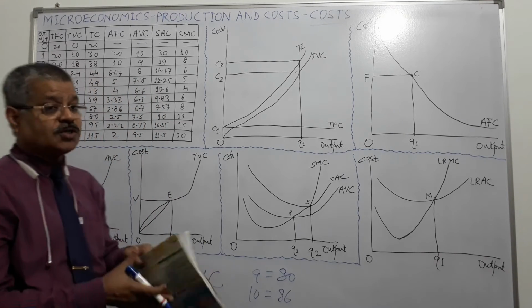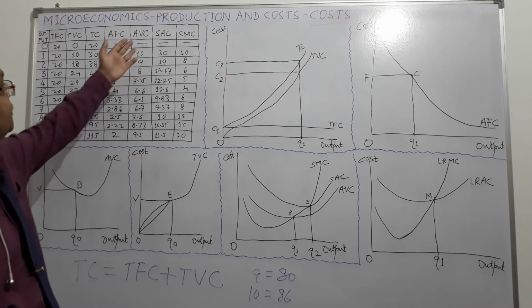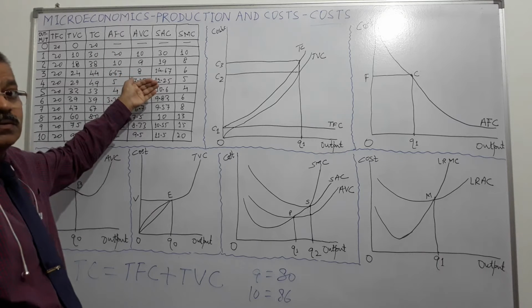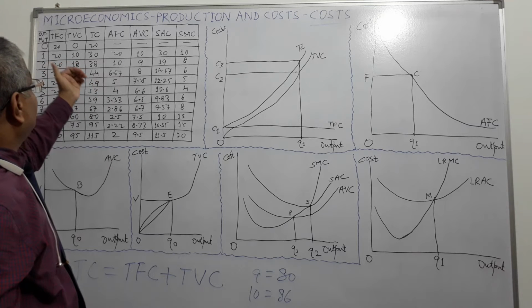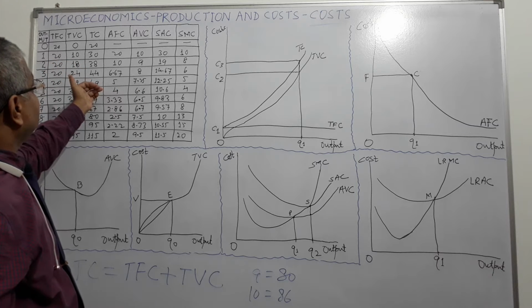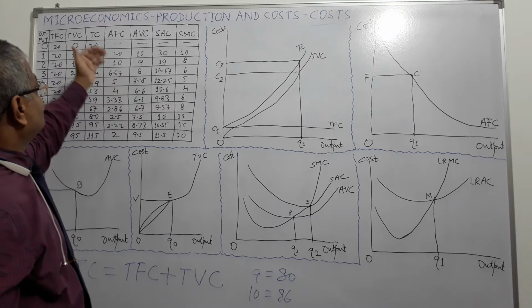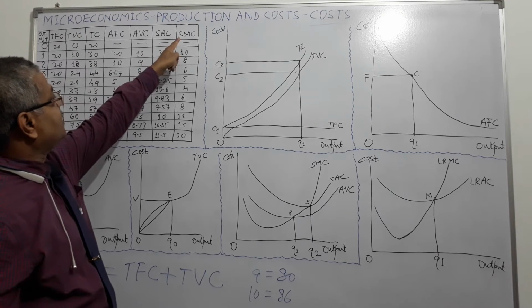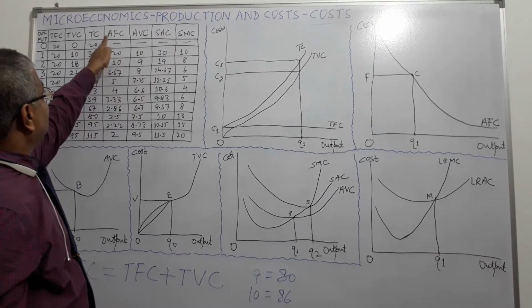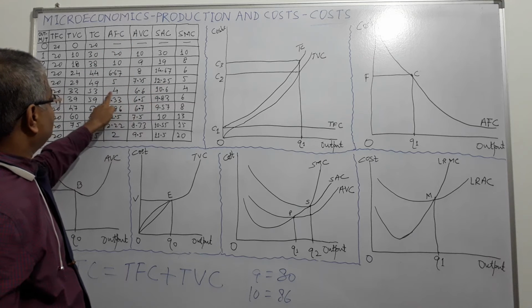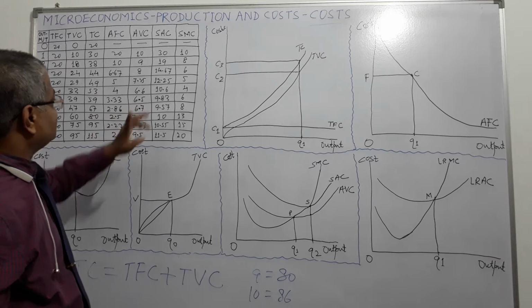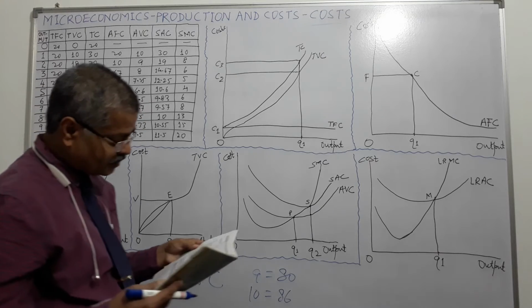And short run average cost is equal to average fixed cost plus average variable cost. 5, 7, 12, 25, 4, 6, 10, 60. 3, 6, 9, 83, right?